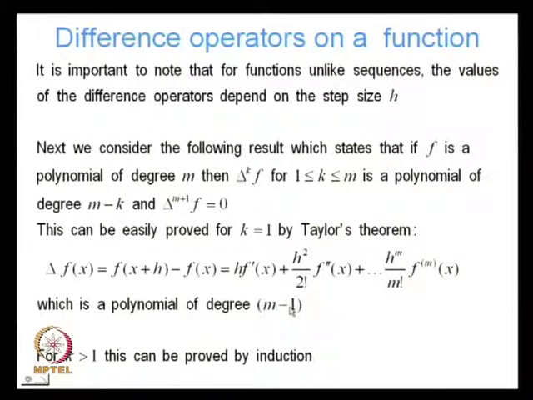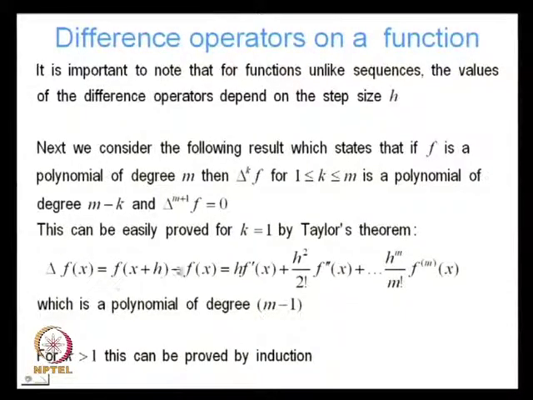It is a polynomial of degree m minus 1, right, because the leading order term is given by h f prime of x, and that is the first derivative of the polynomial of degree m. So, that is a polynomial of degree m minus 1, right. So, this term will be m minus 1, that term will be m minus 2, and so on and so forth, right. So, what does this tell me?